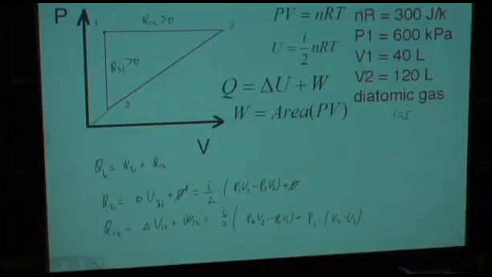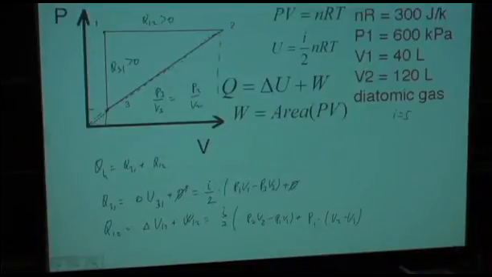There's one more thing for this problem to be added. Here it's very important, this has nothing to do with physics, pure geometry. This line is a straight line. So if I want to calculate the slope, P3 over V3 is supposed to be equal to P2 over V2.